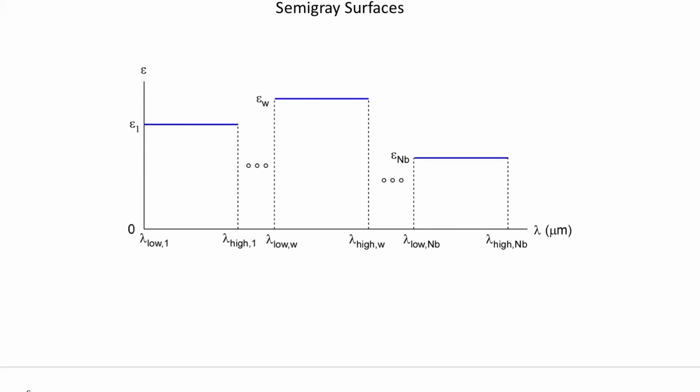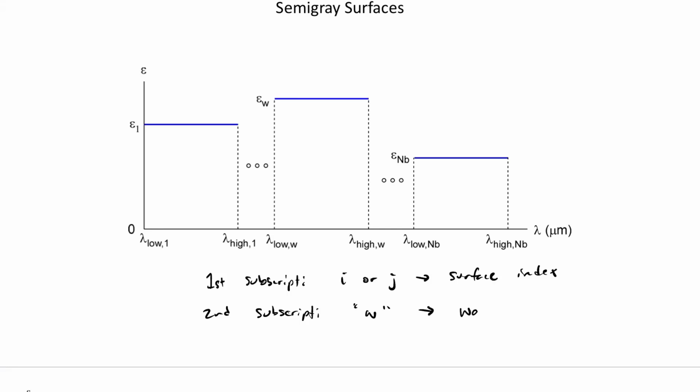Okay, so just to keep track, our first subscript is going to be I or J, right? That is the surface index. The second subscript is going to be W. Okay, and this is going to be the wavelength band.